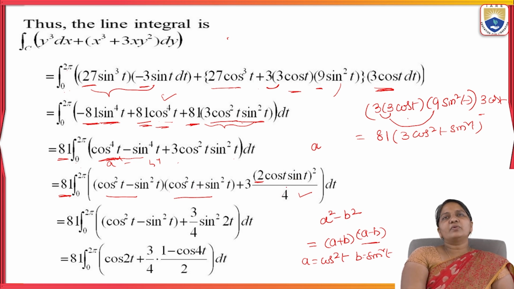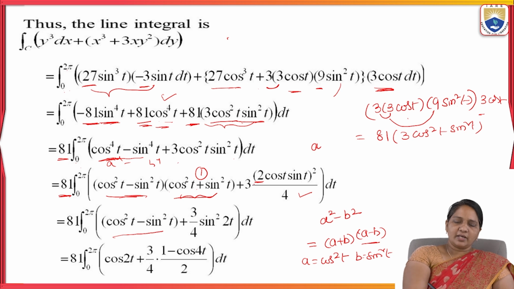Now, why am I converting this? To simplify it easily and integrate the function. Here sin square t plus cos square t value is 1. So finally we got cos square t minus sin square t, and here 3 by 4 constant taking out, 2 cos t sin t.